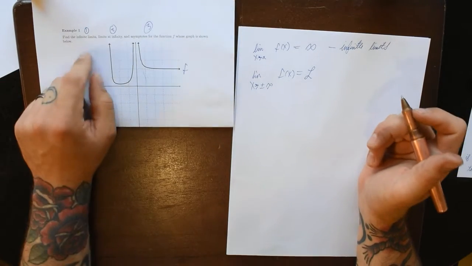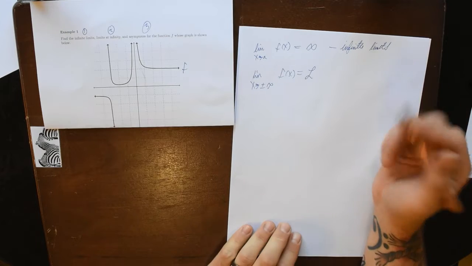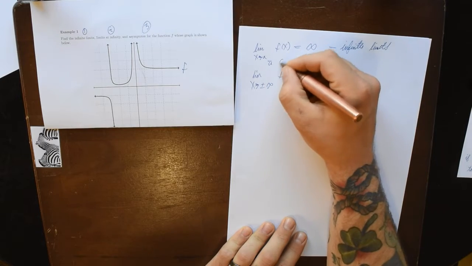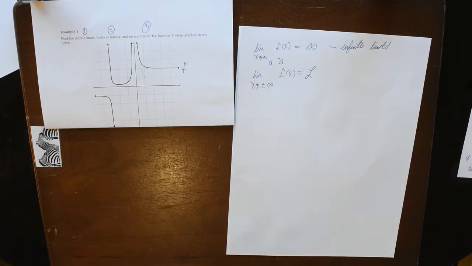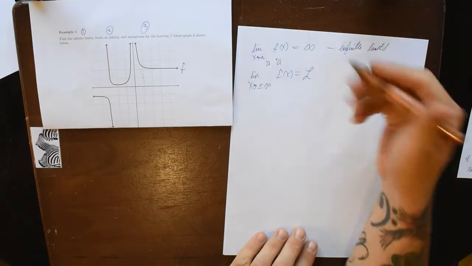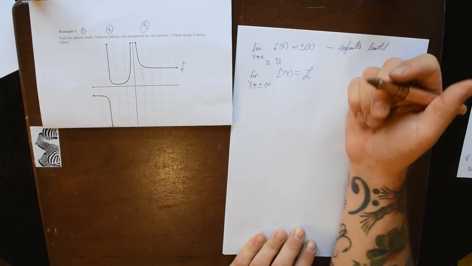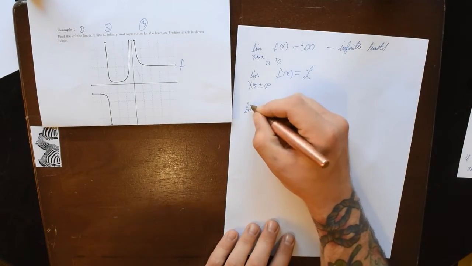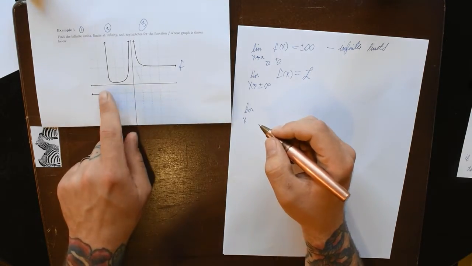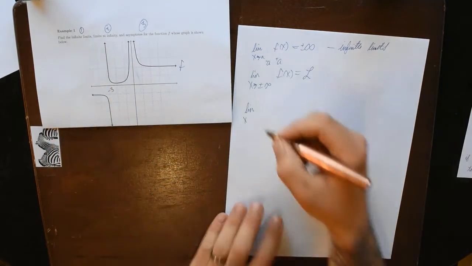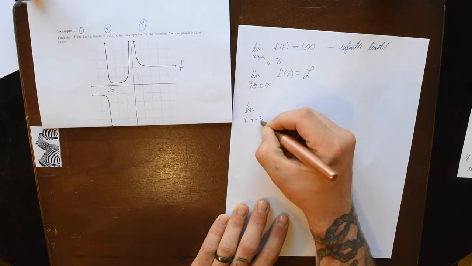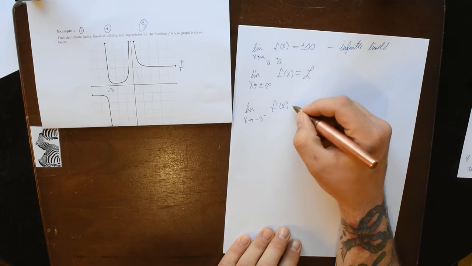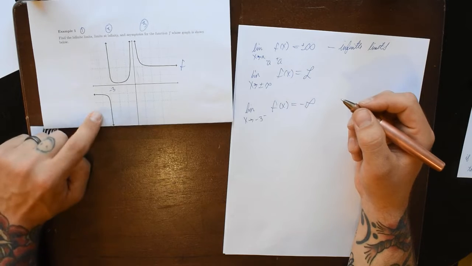So, first off, find the infinite limit. Notice how I said x approaches a. This could also be a from the left, or a from the right. Any limit that tends to either positive or negative infinity is an infinite limit. So right here, we can see that the limit as x approaches negative 3 from the left of this function f dives down to negative infinity.